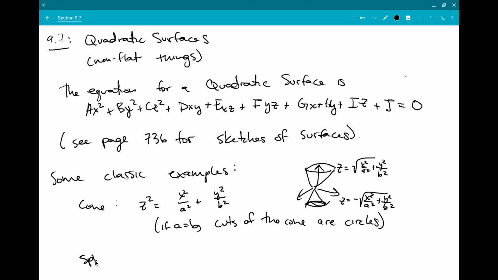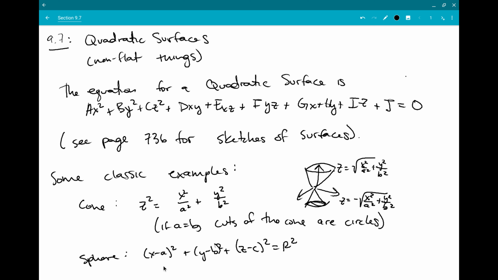A sphere has equation, we learned, x minus a squared plus y minus b squared plus z minus c squared equals 0, or sorry, equal r squared.